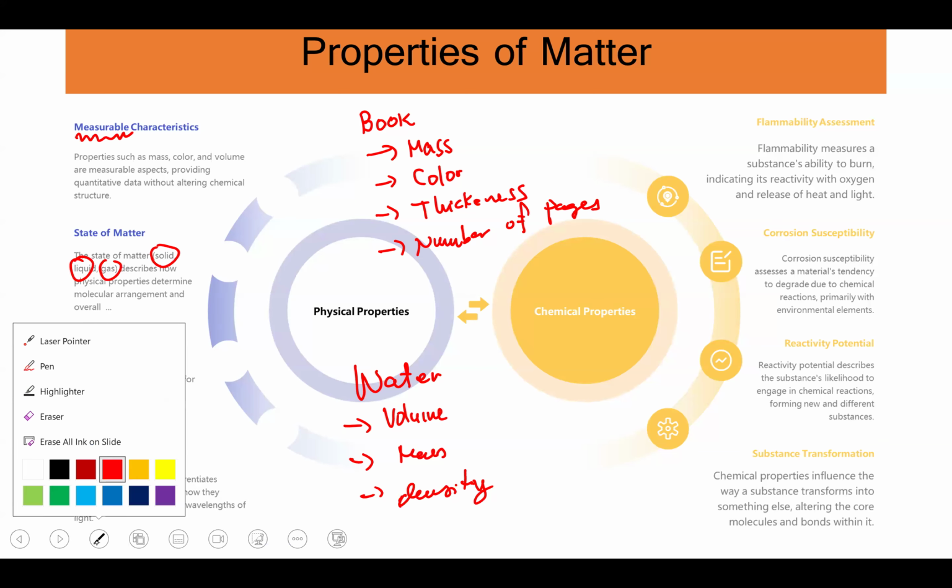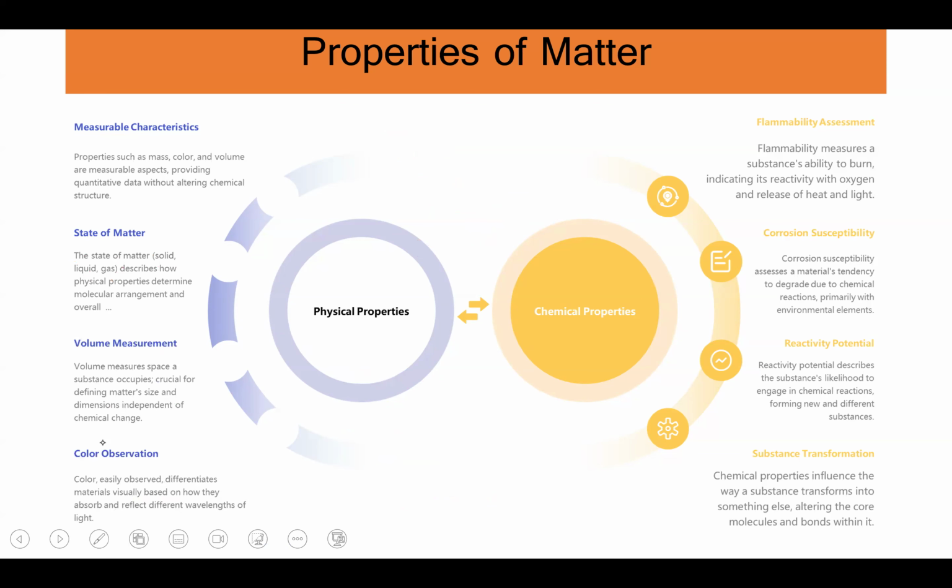Now, what about chemical properties of matter? For example, water and gasoline. Which one is flammable? Gasoline. So flammability is a chemical property.